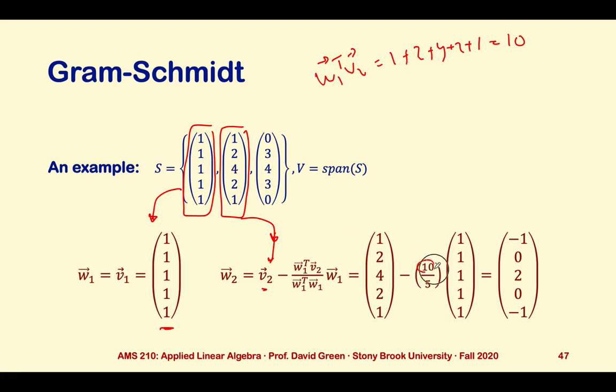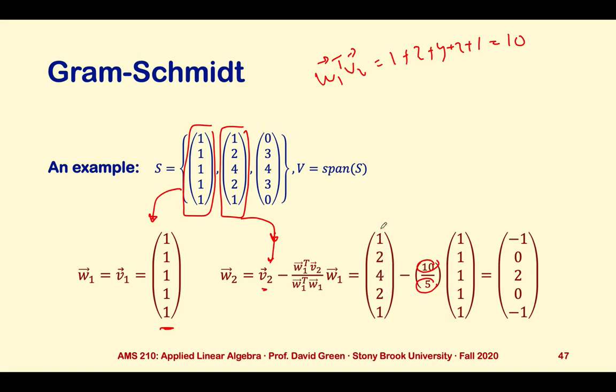So that's where we get this 10 here. What is the length of W1? This is the sum of the squares of each of the elements of W1. 1 plus 1 plus 1 plus 1 plus 1 is 5. So, obviously, 10 over 5 is 2.